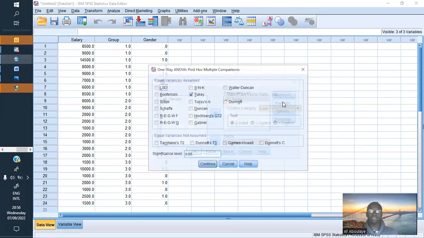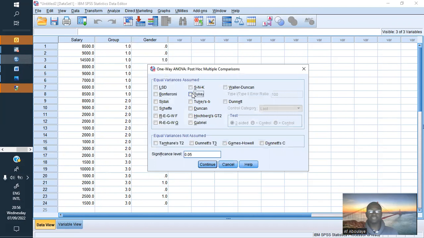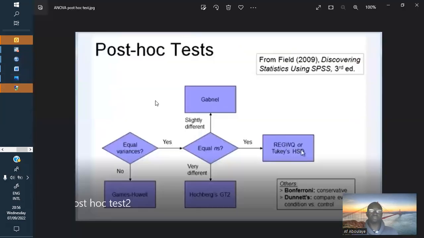We can go here. As I was just telling you, we have many post hoc tests, but according to the structure of your data, you can use one. And here we have already realized that we have the same variances and the same number of observations, then we can use Tukey. So according to this rule, same variance, same number of observations, you can use Tukey or REGWQ.